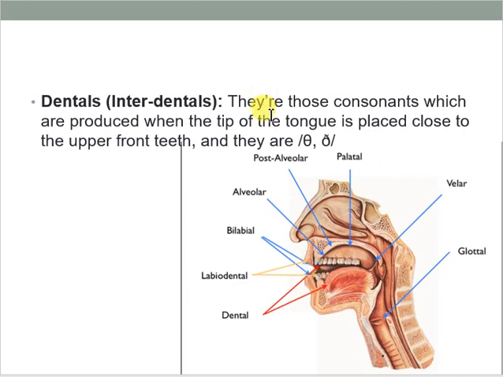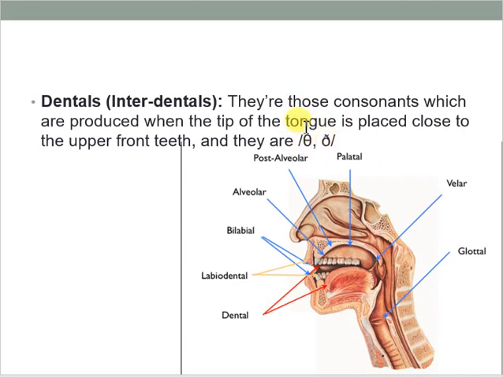They are those consonants which are produced when the tip of the tongue is placed close to the upper front teeth. يعني طرف اللسان، مقدمة اللسان، وين تقترب من الأسنان العلوية. So the upper teeth and the tip of the tongue.